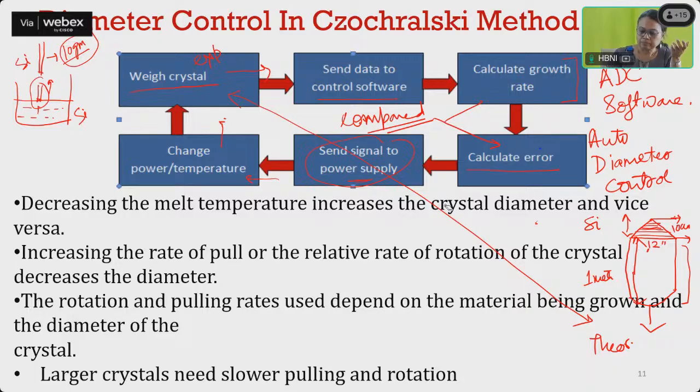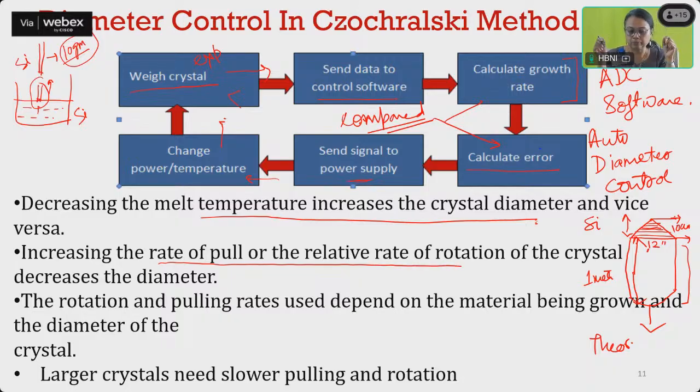So we see decreasing the melt temperature increases the crystal diameter and vice versa. This is the main control, but also increasing the rate of pull or the relative rate of rotation. In this case, the crystal is also rotated in the melt. The seed, whatever is coming and touching, is not only being pulled up, it is also rotated.